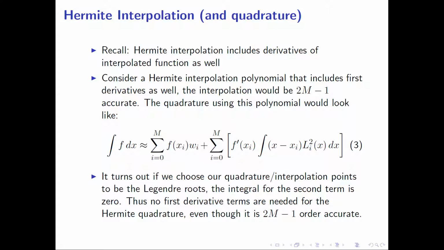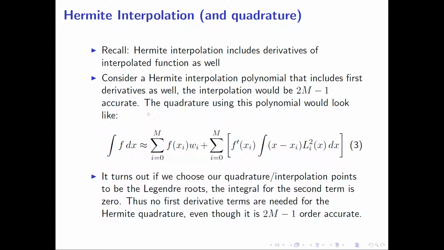So consider an Hermite interpolation that has first derivatives at the nodes in addition to the value of the function itself. So because we have 2m pieces of data, we get a 2m-1 accurate interpolation.